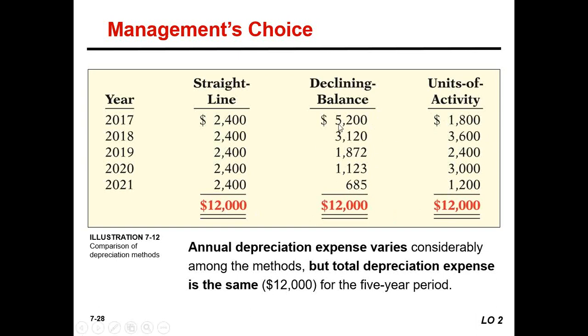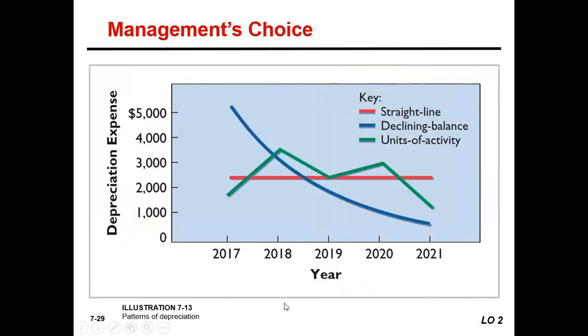Other companies believe declining balance with higher depreciation in the beginning matches more closely how a fleet of vehicles depreciate. Others simply say it's the same year after year. This is just a picture illustration of what you saw in the previous slide.